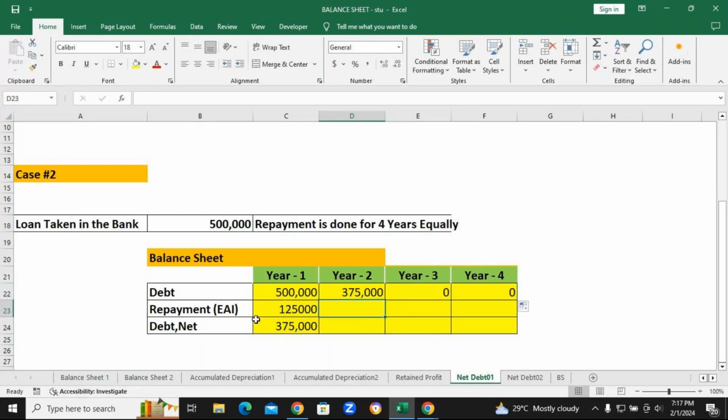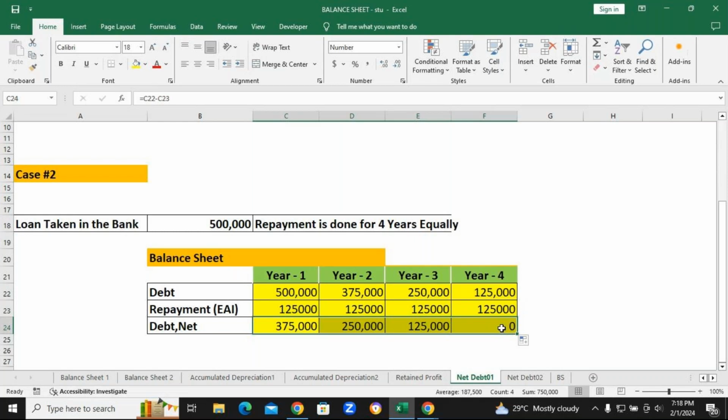Here they are telling EAI, that is the repayment I'm making equally for all the 4 years. So I take the previous year value only, 1,25,000, each year I am paying it. I'll come and drag it. At the end of the fourth year, my amount will become 0.